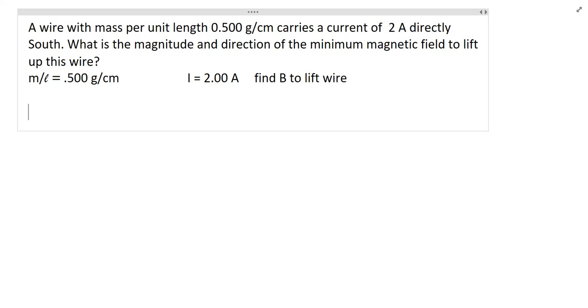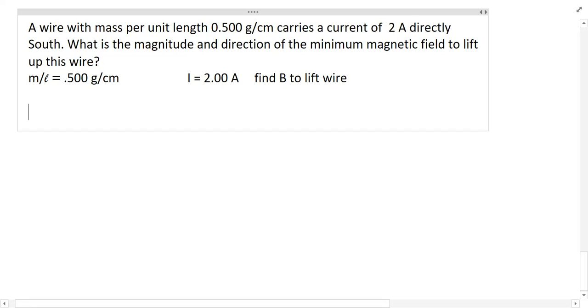First we'll write down, using the symbols that we use in the relevant equations, mass per unit length is 0.500 grams per centimeter, current is 2.00 amps, and we're trying to find the minimum B to lift the wire.